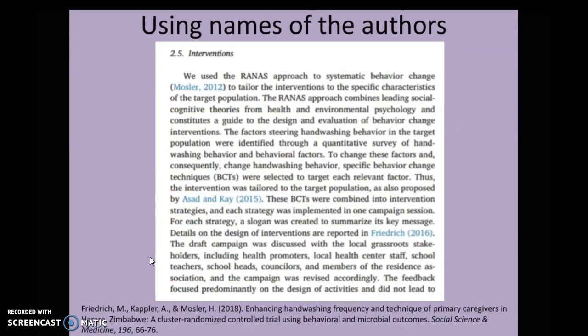So here is one where the authors who are writing are actually using the names of other authors, and this comes from the article on enhancing hand washing that we looked at together, I think in module 2. I've taken a paragraph from that particular article, and let's look at the first sentence. We use the Rana's approach to systematic behavior change, and there comes the citation, to tailor the interventions, and so on and so on.